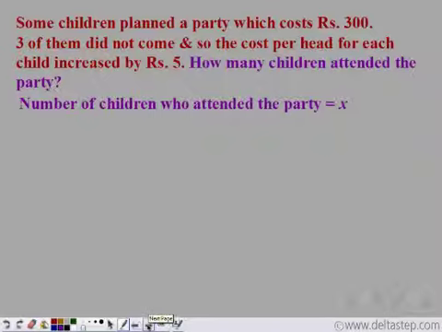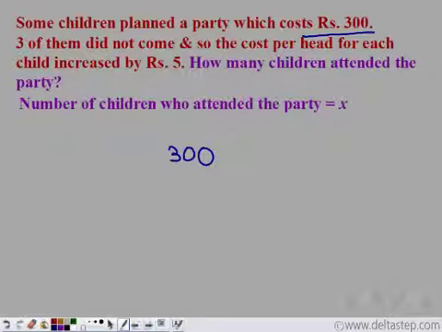The next step is to find out what else is given to us. Some children planned a party which cost rupees 300. So 300 is the total cost of the party, and it is given that 3 of them did not come, so the cost per head for each child increased by rupees 5.